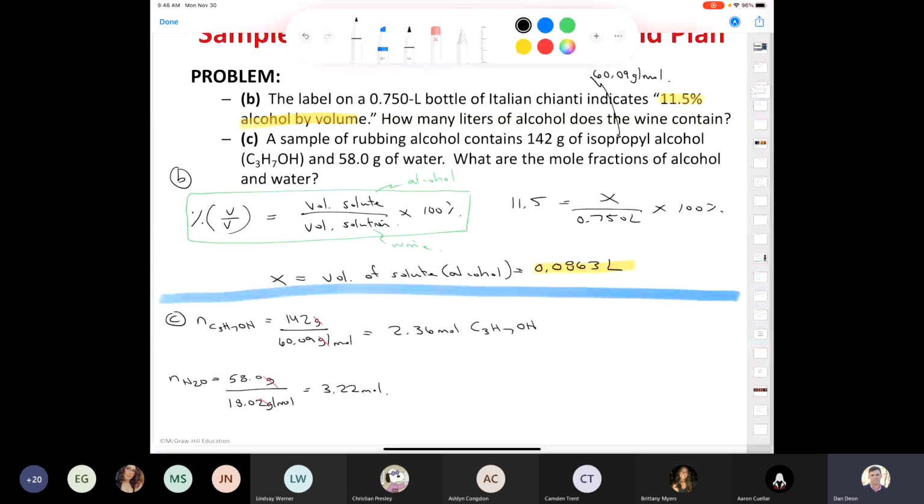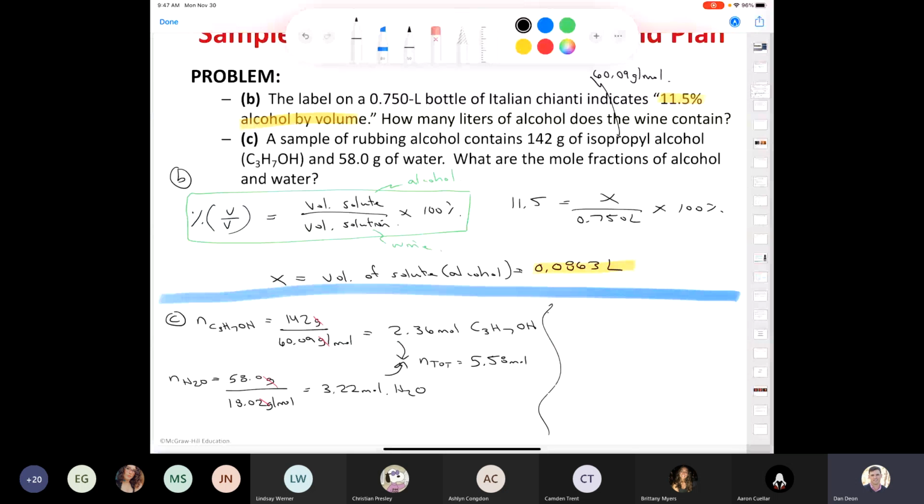So if we add these two together, we get N total, which is the total number of moles. So 2.36 plus 3.22, and we get 5.58 moles.